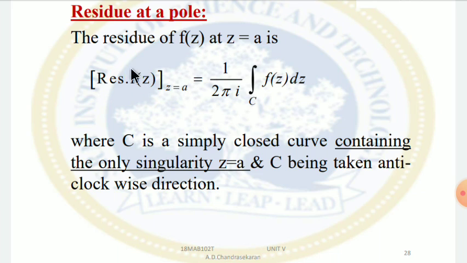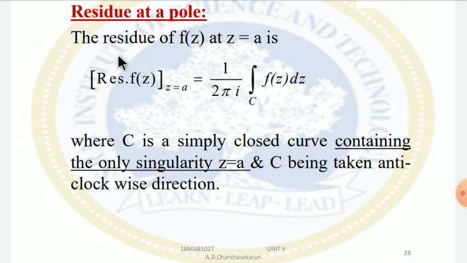We shortly write residue, meaning res of f of z at z equal to a, is equal to 1 by 2 pi i integral over c of f of z dz, where c is a simple closed curve containing the only singularity z equal to a, that is, the isolated singular point z equal to a in the given simple closed curve c, and c being taken in the anti-clockwise direction.